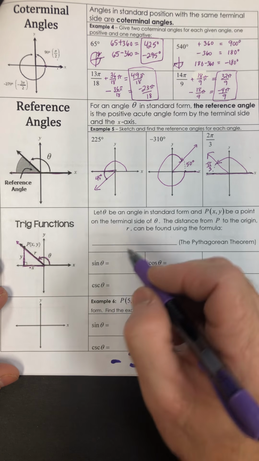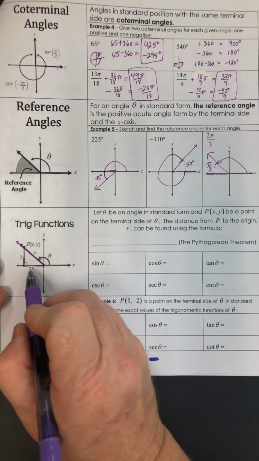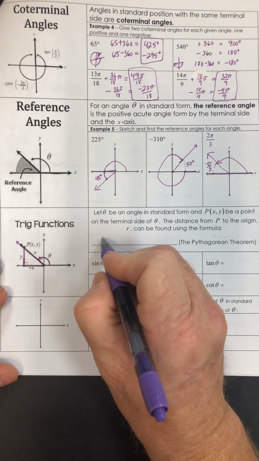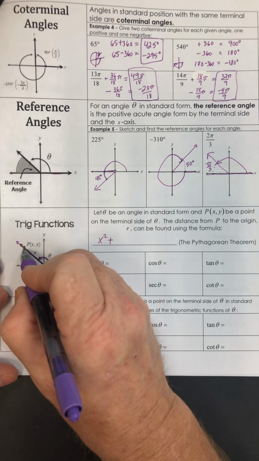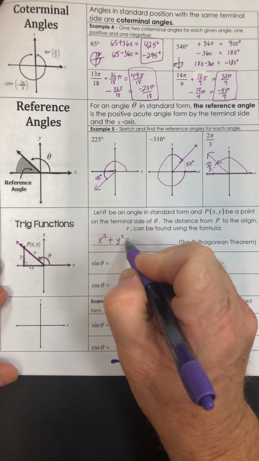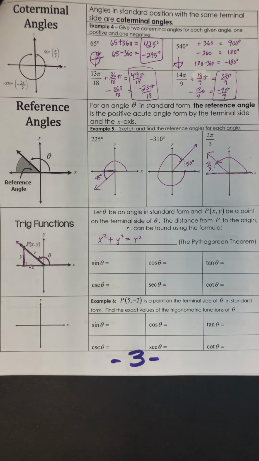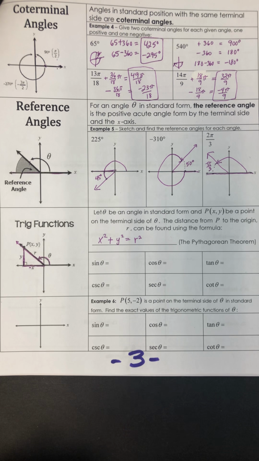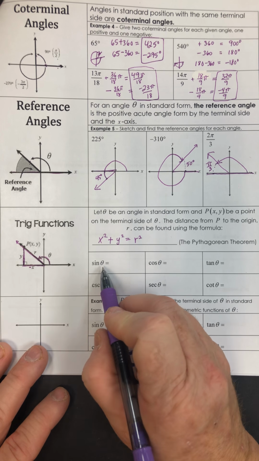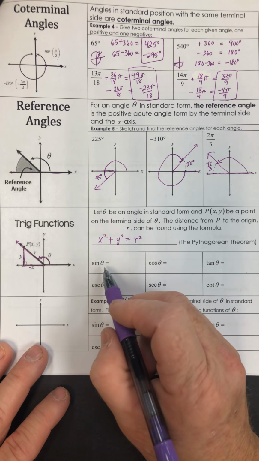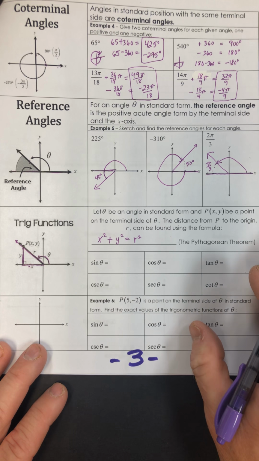Now, the Pythagorean theorem says that this length squared plus this length squared equals the hypotenuse squared, which we'll call the radius. So we now have our right triangle in terms of x direction, y direction, and radius: x, y, and r. And we use the reference angle when determining our trig functions.